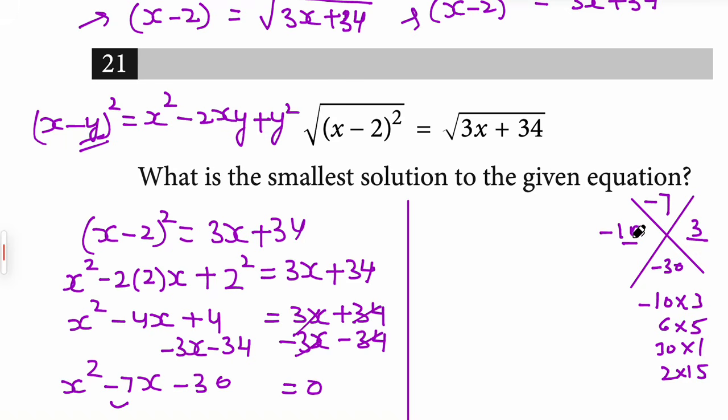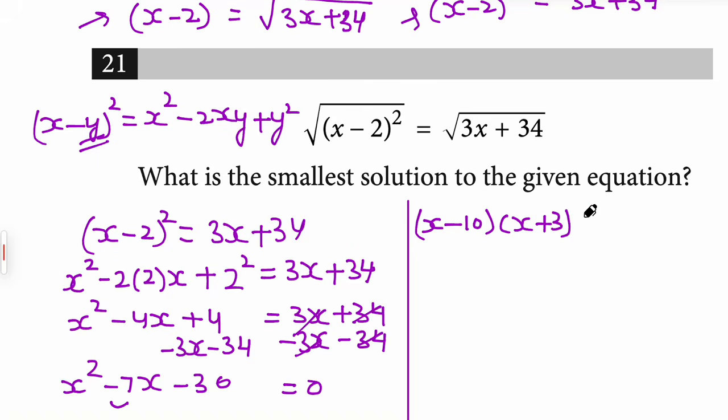Negative 10 plus 3 is negative 7, and negative 10 times 3 is negative 30. So the two numbers are negative 10 and 3. Therefore, this quadratic equation can be written in factor form like this, and that is equal to 0.